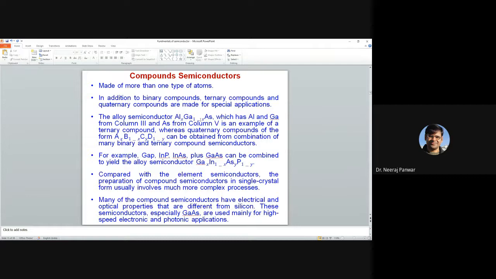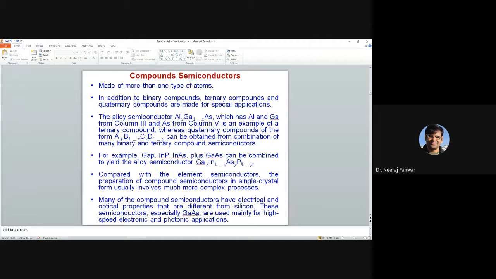And we can also have quaternary semiconductors. For example, if part of arsenic is replaced by phosphorus, it will become a quaternary semiconductor with four elements: gallium x, indium 1 minus x, arsenic y, P 1 minus y. And all these semiconductors are used to make heterojunction devices.